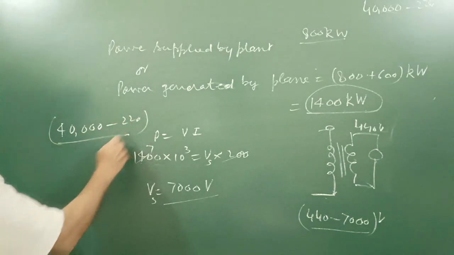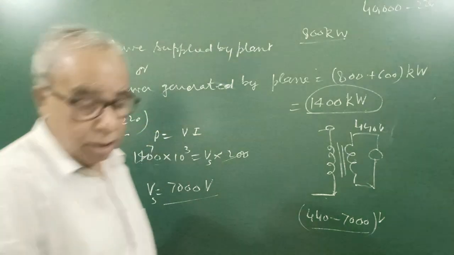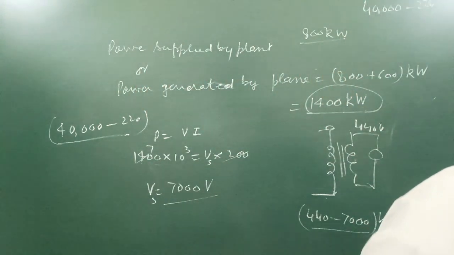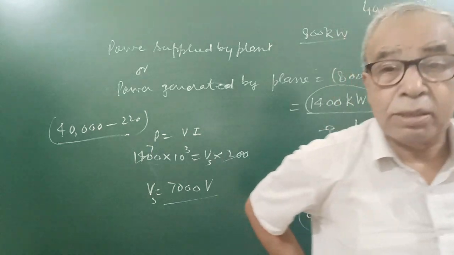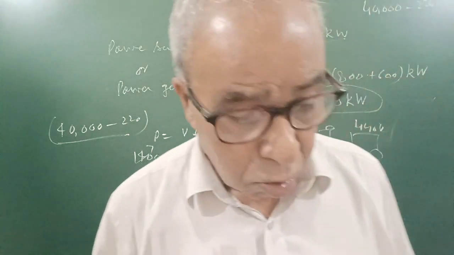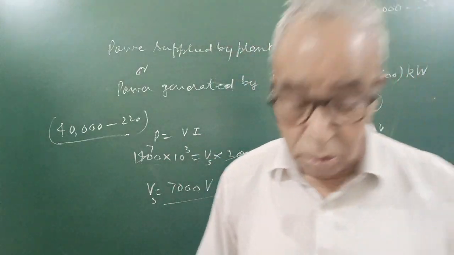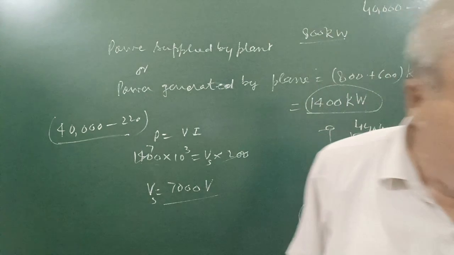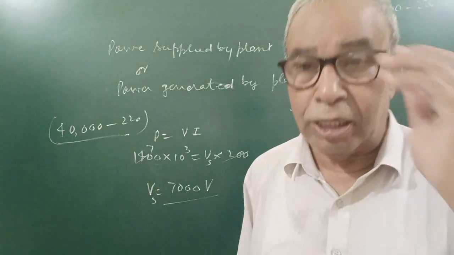So how much will be the line loss? Repeat the same question. You can do it yourself, and this way I have almost finished the chapter of AC. I will tell you some more questions so that you get good information and good practice of questions. Thank you.